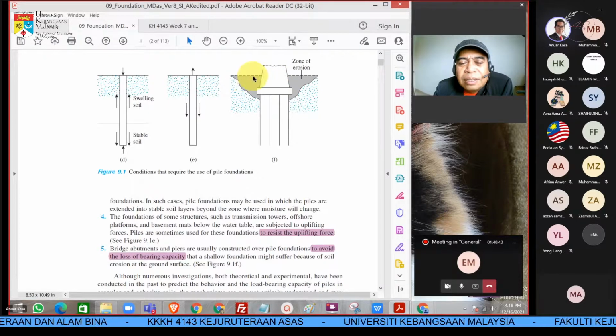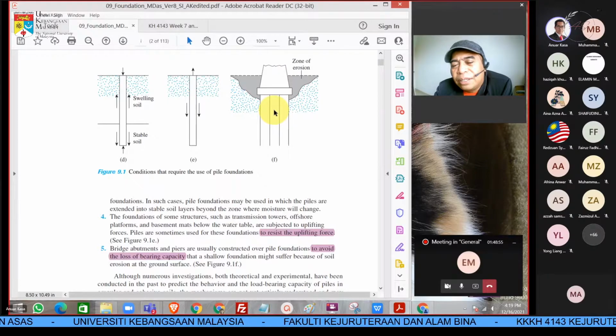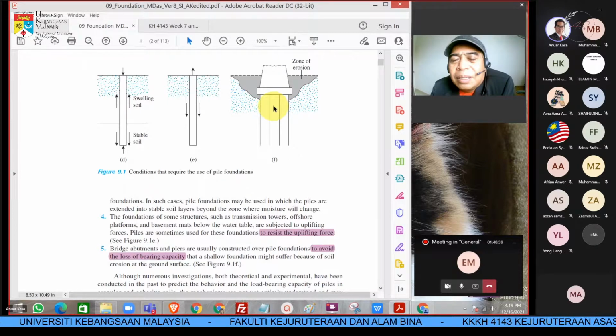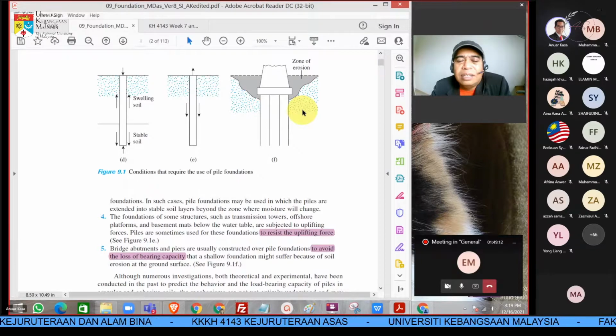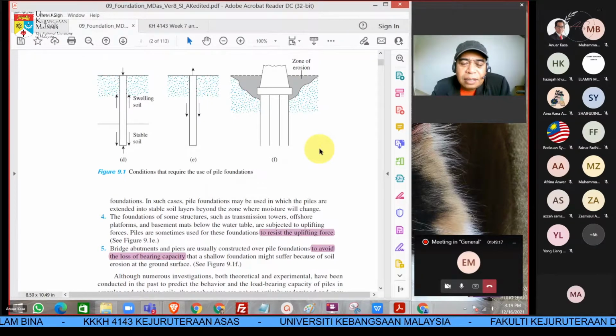Then we need to have piles, not because of the strength of the soil, but because there is erosion in that area. So we need to consider pile foundation instead of shallow foundation. So these are the uses of pile in civil or geotechnical engineering applications.